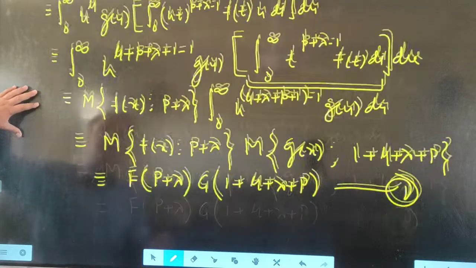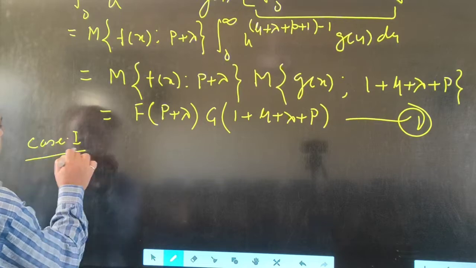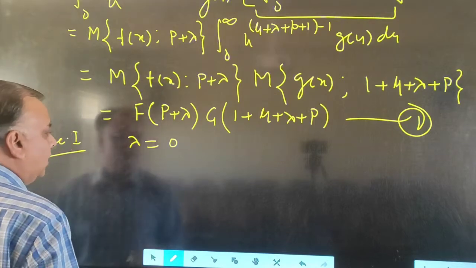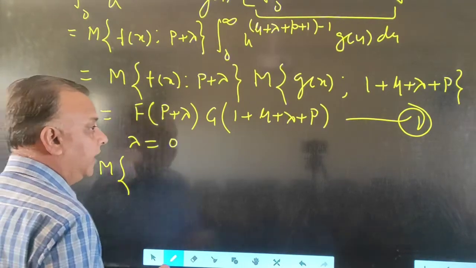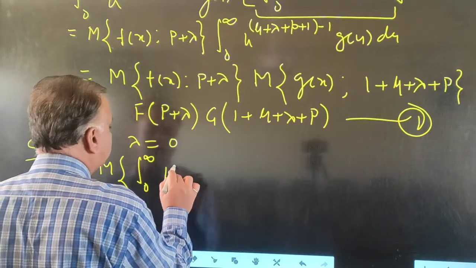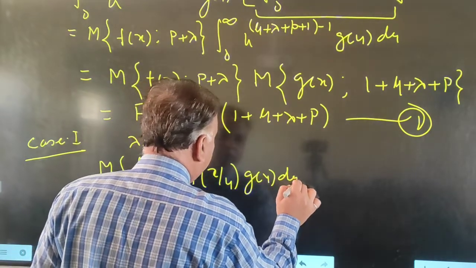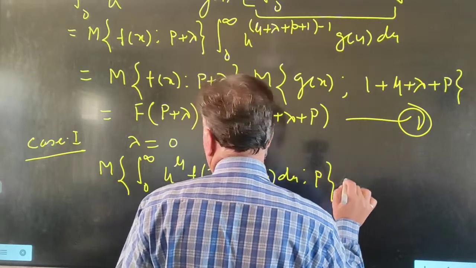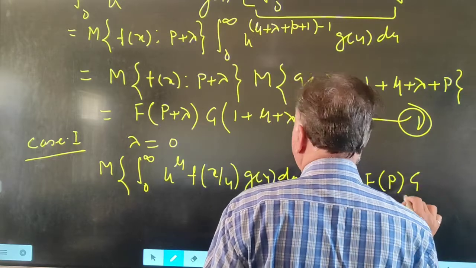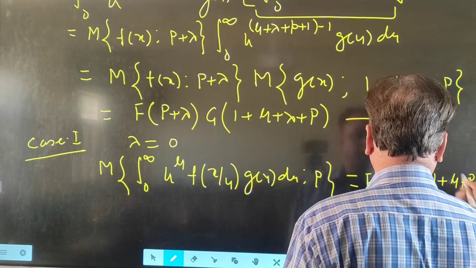Now let us take some special cases. Case first, if we take lambda equal to 0, then the Mellin transform of integral 0 to infinity u raised to mu f of x upon u g of u du with respect to p is equal to F of p multiplied by G of 1 plus mu plus p, which is the required result.